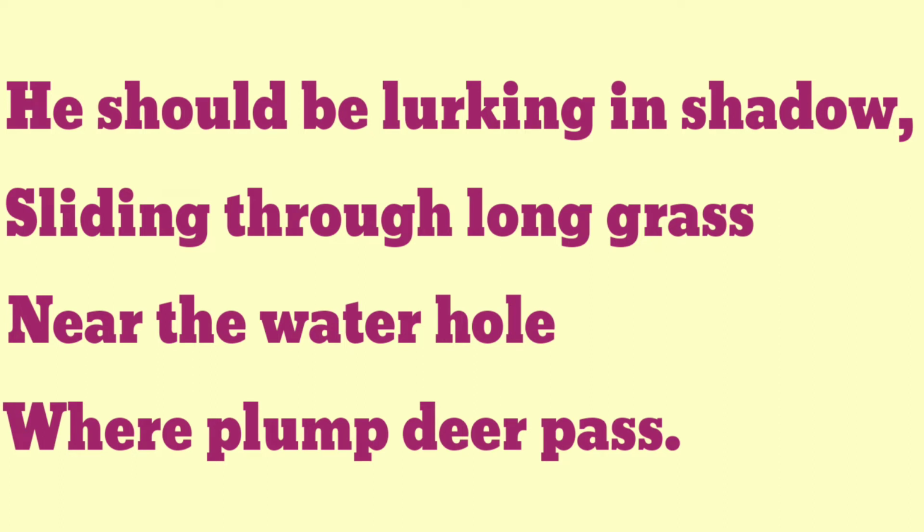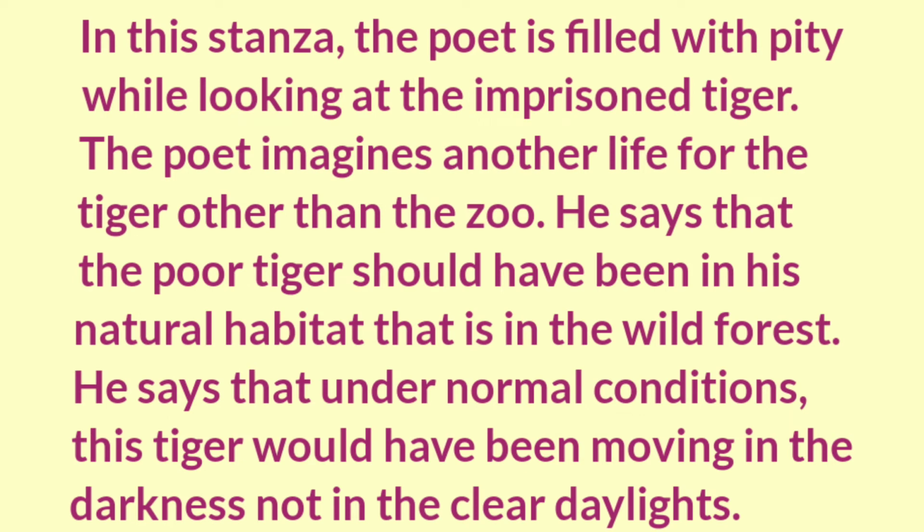Second stanza. He should be lurking in shadow, sliding through long grass near the waterhole where plump deer pass. In the second stanza, the poet is filled with pity while looking at the imprisoned tiger.